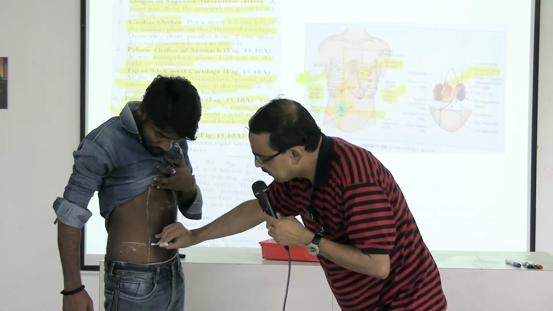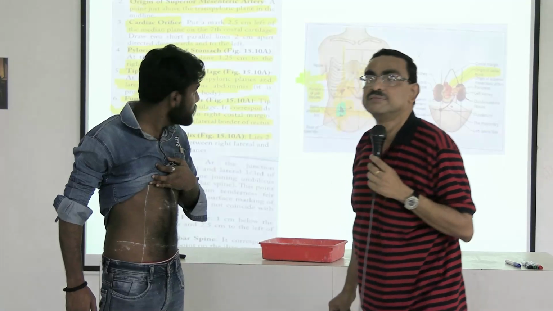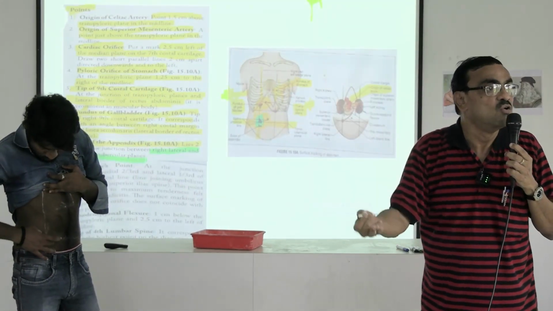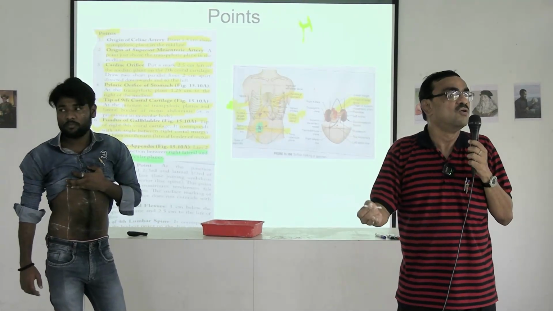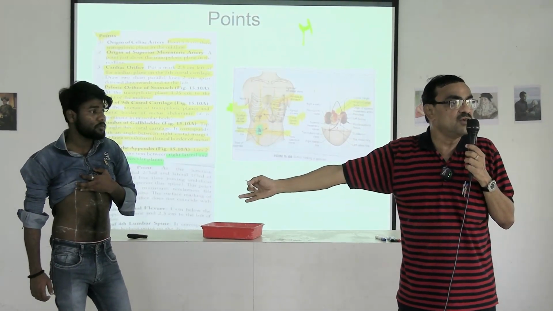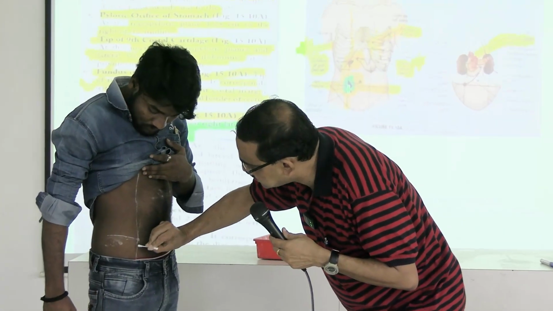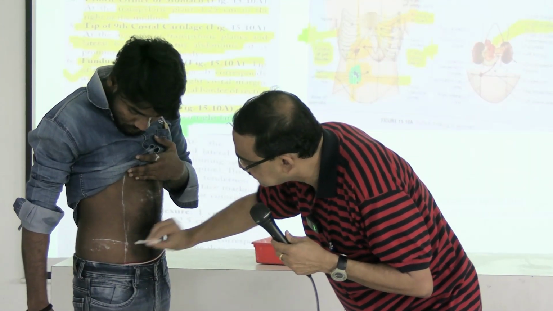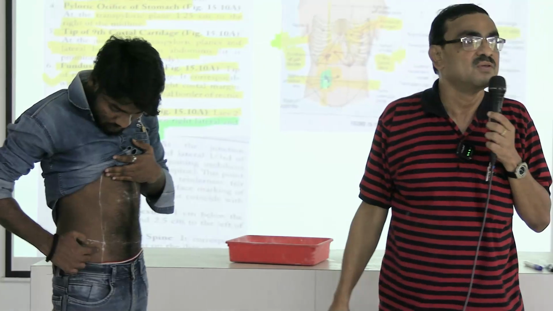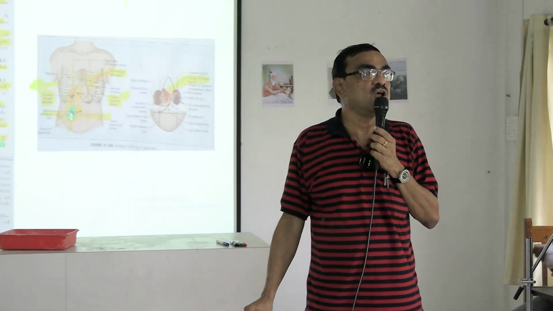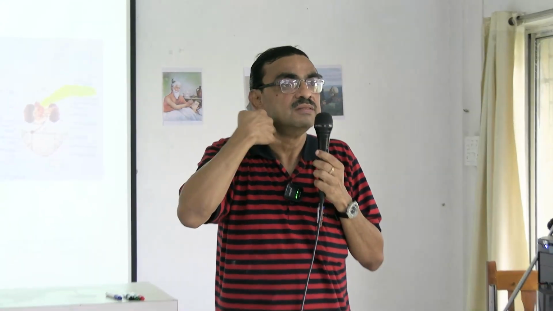So this is the ileocecal valve. If we go 2 centimeters below the ileocecal valve, 2 centimeters means like this, this is the opening of the appendicular orifice. So first we have to draw the right mid-clavicular line.